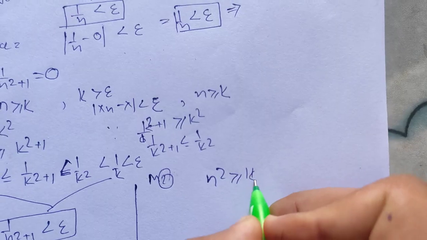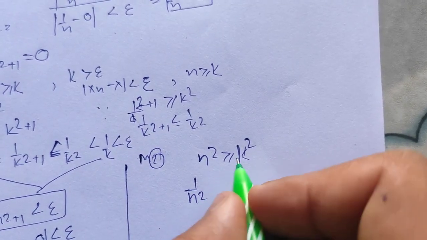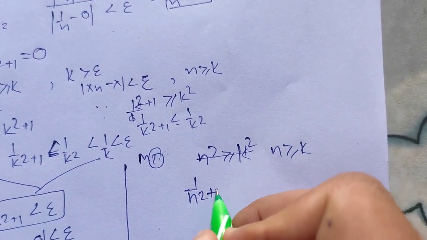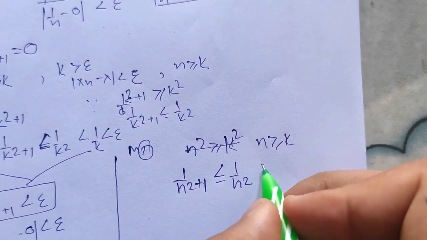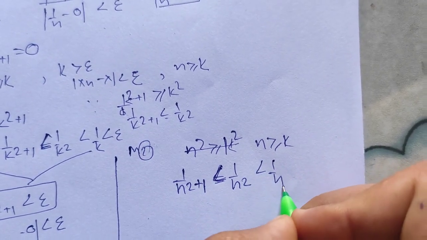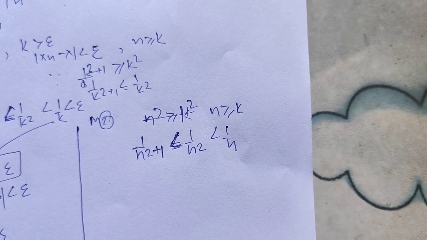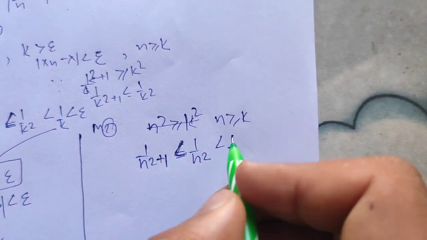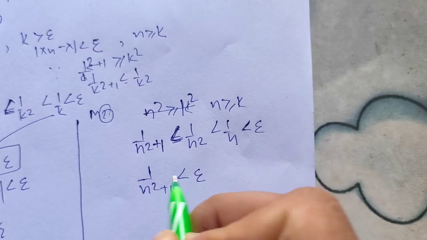Since n is greater than or equal to k, 1 upon n square plus 1 is less than or equal to 1 upon n square, which is less than or equal to 1 upon n. By question number 1, which we previously understood, 1 upon n is less than epsilon, so 1 upon n square plus 1 is less than epsilon.